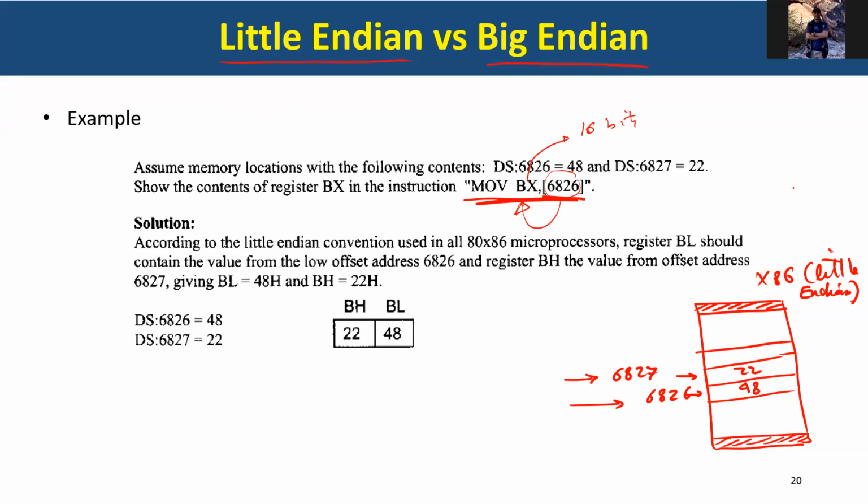BX is 16 bits, BL and BH. So what will go to BL and what will be in BH?